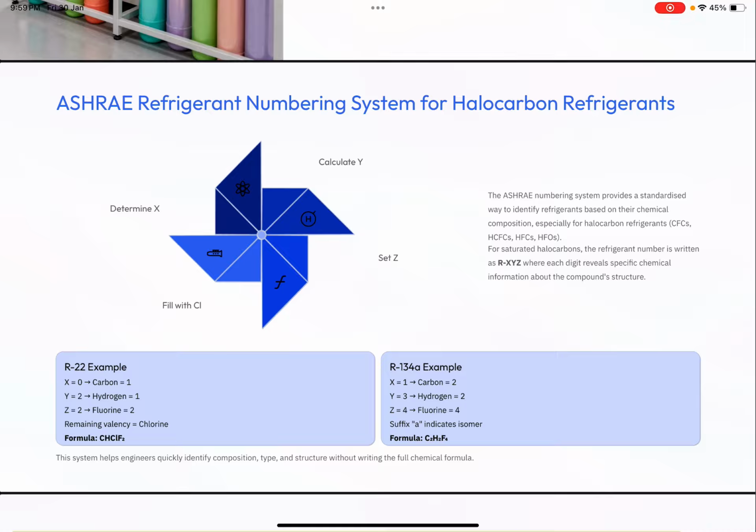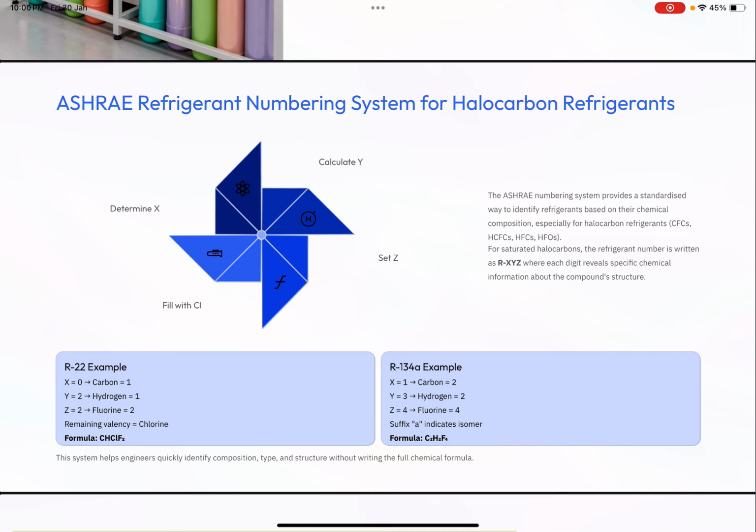Similarly, let's take the case of R134a. In this case, X is 1. It means that it has 2 carbon atoms. 2 carbon atoms means it is an ethane derivative, not a methane derivative. So if it is an ethane derivative, it means now you will have 2 carbons linked, 3 and 3, so a total of 6 valences are to be satisfied.